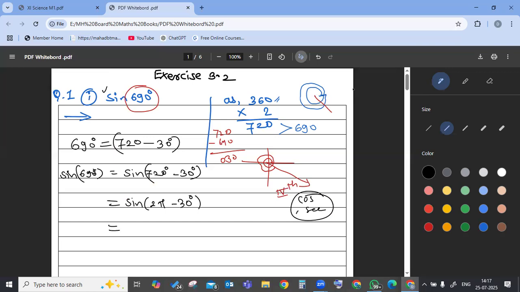What is sine of 2 pi minus 30 degree? See, it is an even multiple of pi by 2, right? So for sine, it will be sine. And then sine of minus 30, or minus of sine 30 degree, is equal to minus of 1 by 2. So the value of sine 690 degree turns out to be minus 1 by 2.